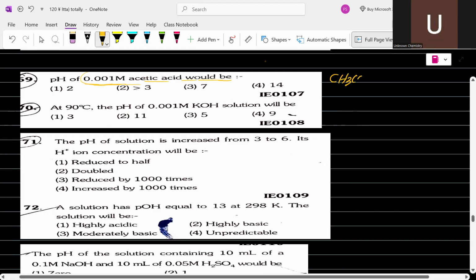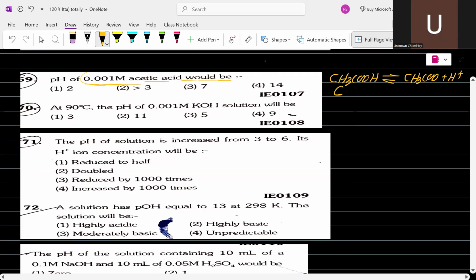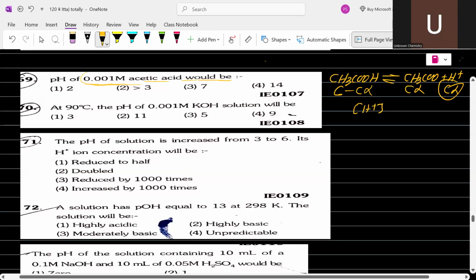It is a weak electrolyte and will not dissociate completely in water. If C is the concentration and alpha is the degree of dissociation, then H plus will be equal to C into alpha.